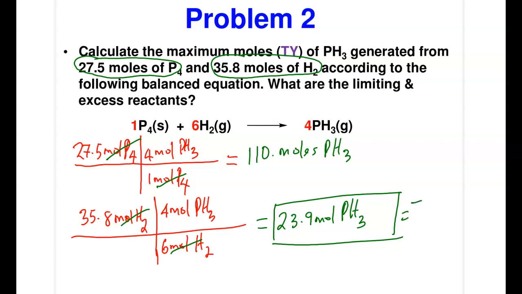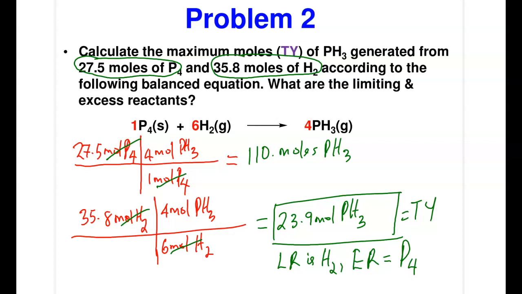So this becomes our theoretical yield. And then my limiting reactant is hydrogen, whereas the excess reactant, ER, is what? Excess reactant becomes P4.